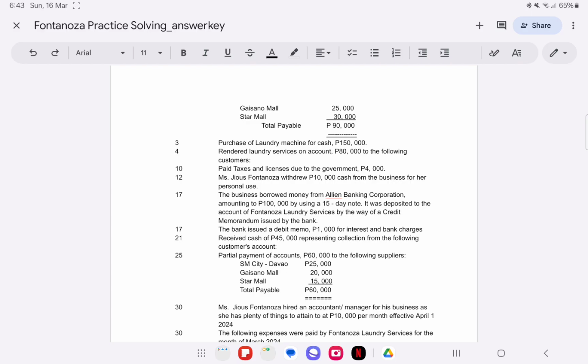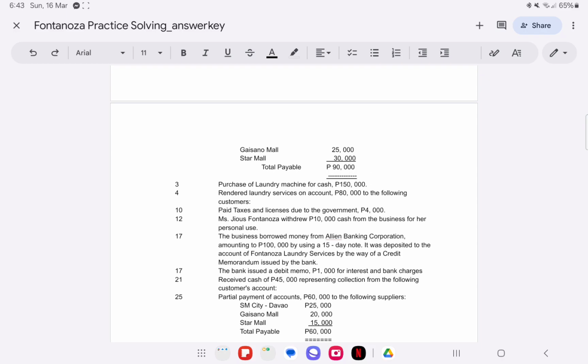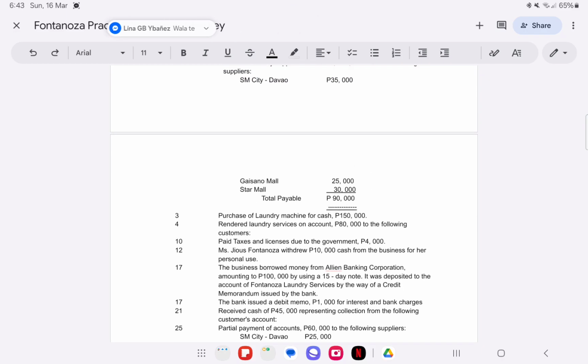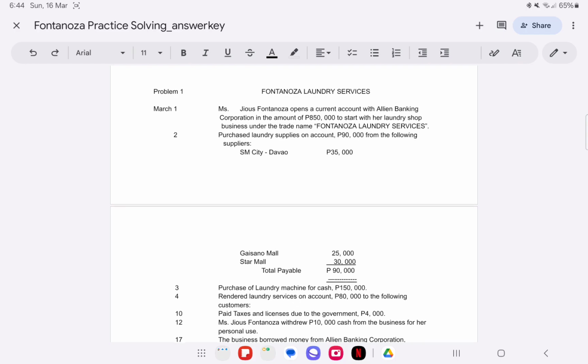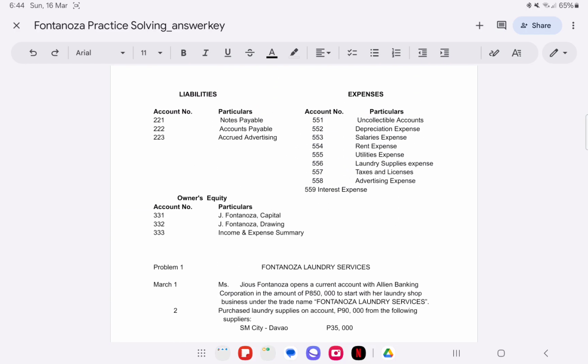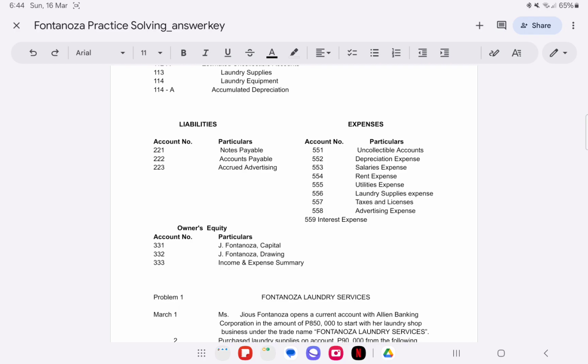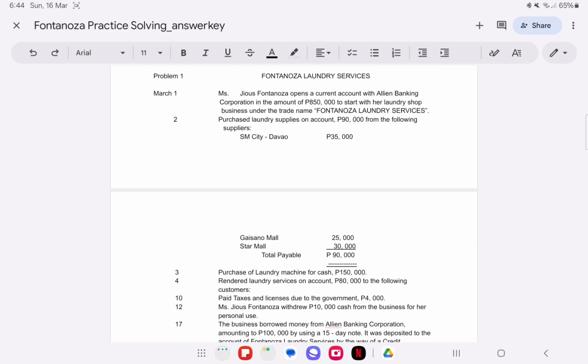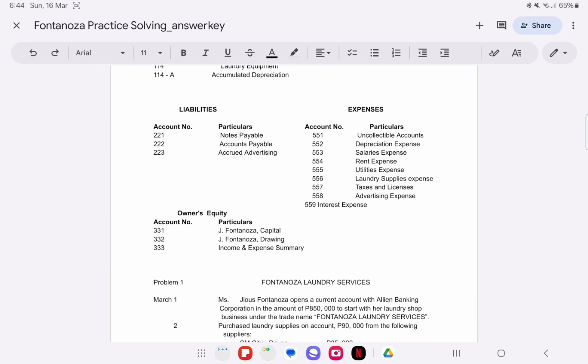So what's your value received? Very good, taxes and licenses, and your value parted with is cash. Since there is no accounts payable or credit in the problem, that's understandable as a payment in cash. Let's check taxes and licenses, GL 557, and cash in bank, of course.